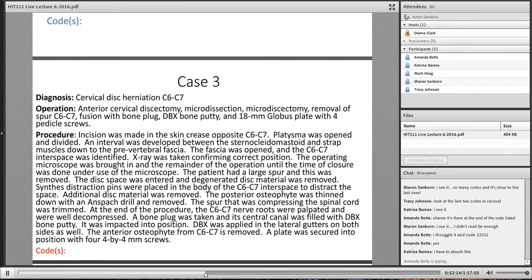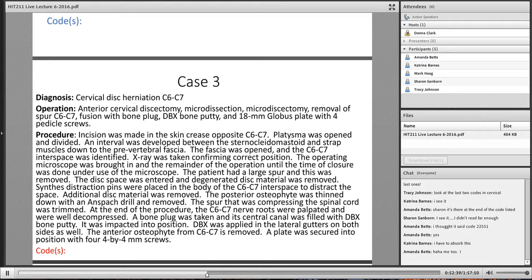So if we're looking up, what do we have in our operation? And see that microdissection, microdiscectomy, that's all a discectomy. And then that fusion, that removal of the spur is included. So the fusion is also included because when we looked up the discectomy or the decompression, right, it said to go to the code we're reporting, the 22551, which will include both, right?